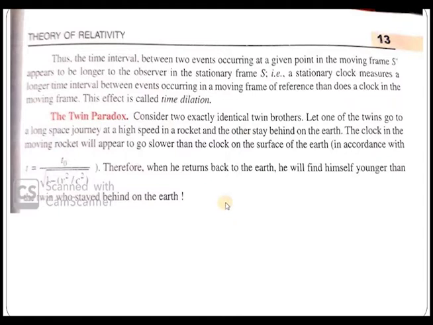So the time interval between the two shots will be 2 hours or 3 hours depending upon the velocity of the rocket with respect to earth. That is, the stationary clock measures a longer time interval between two events occurring in a moving frame of reference than does the clock in the moving frame.